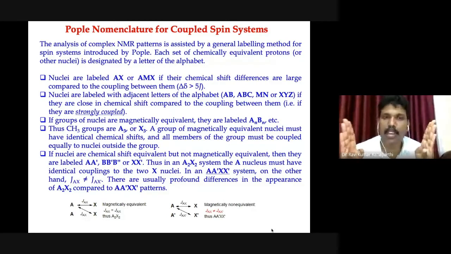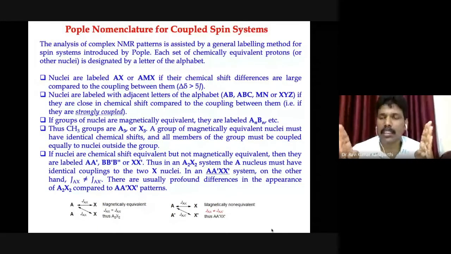That indicates these two peaks are well separated. Such a system we represent as AX. It can be different molecules, but it comes under one category: an AX spin system.